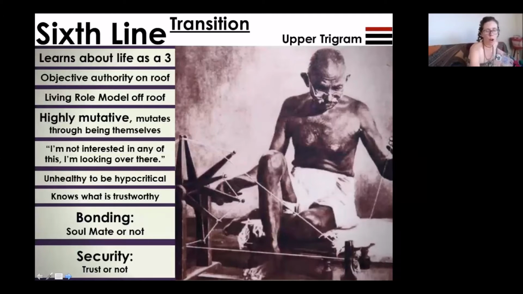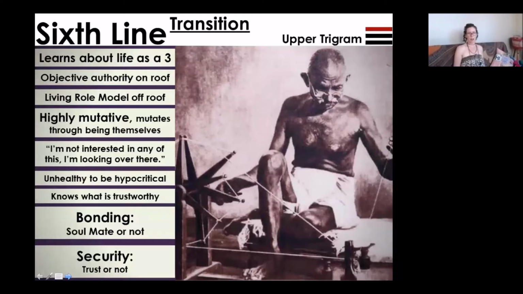They're learning through trial and error. They're engaged in the fray and the chaos of the material plane, finding out what works and what doesn't, bumping into things. All the things that I already shared about the 3 would be what a 6 is in the first 30 years of its life. In the next phase, from 30 to 50, they are called on the roof.